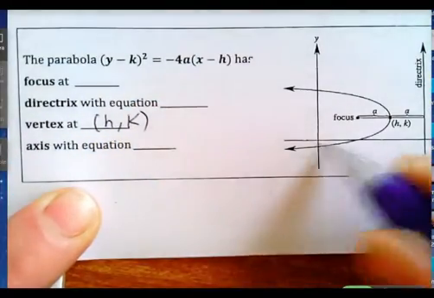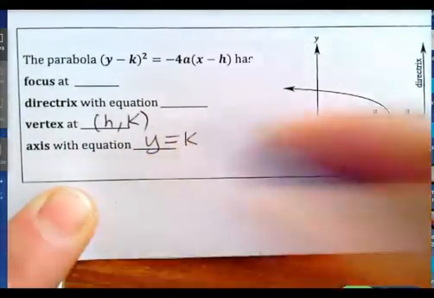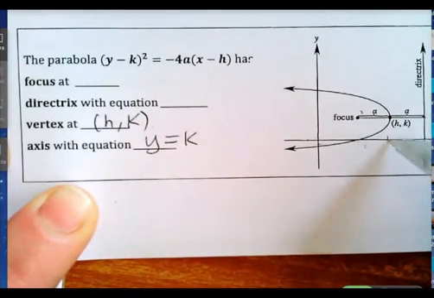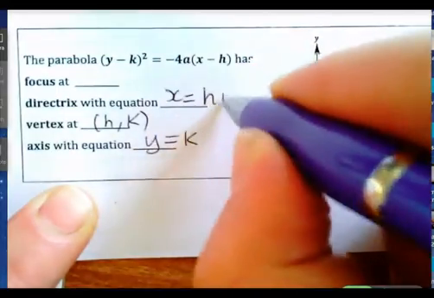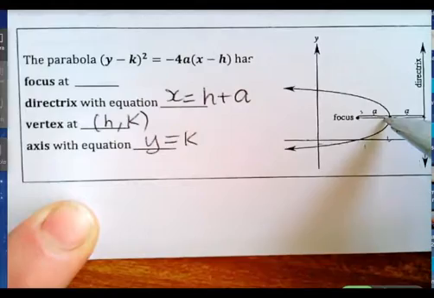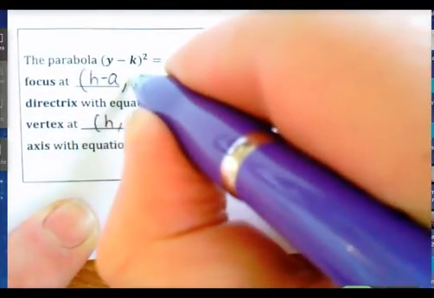The axis is y equals k. The focus is (h plus a, k), and the directrix is x equals h minus a.